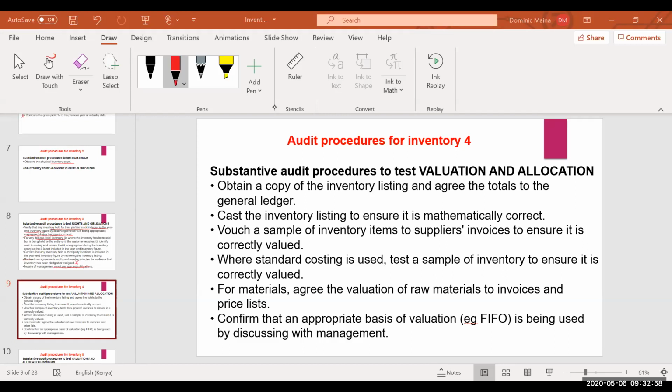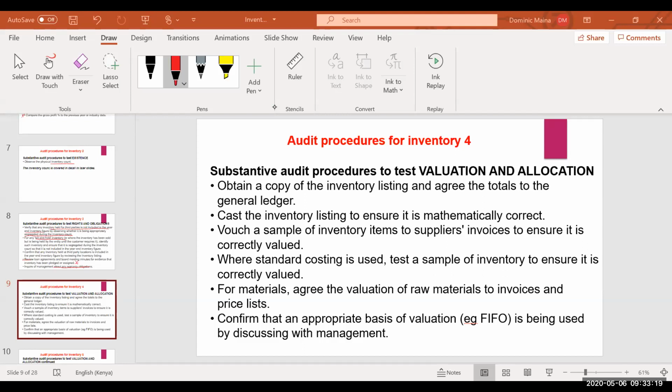Once we have the inventory listing, if the company says we have X units of this particular inventory, then that needs to appear. Let me share my board here to explain that bit.